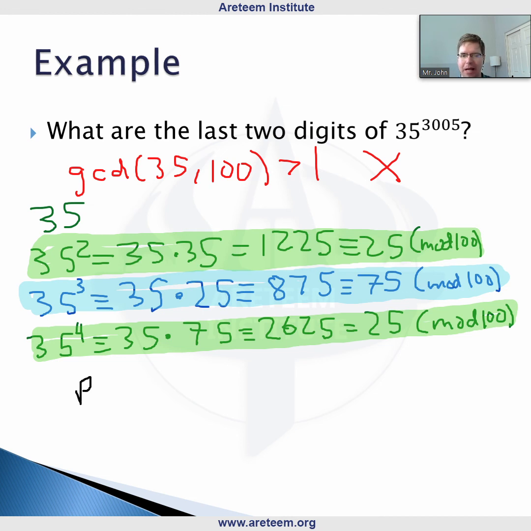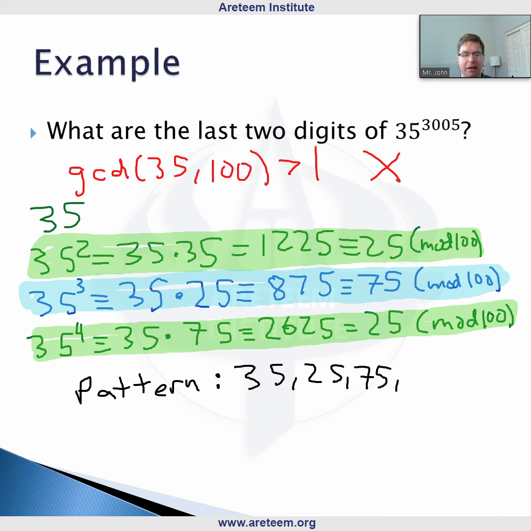So our pattern in this case, right, I just want to stress it doesn't have to repeat starting with the first term. So this is something that can happen that we need to be a little bit aware of. It's 35, then 25, 75, and then that 25, 75 is what repeats.